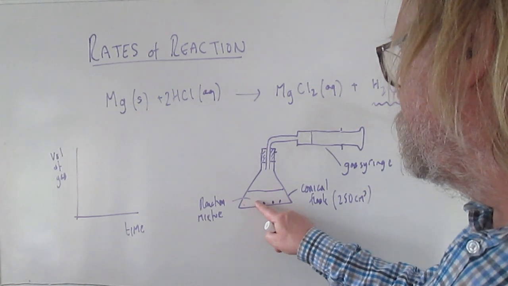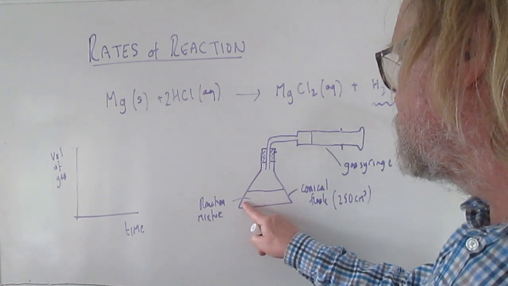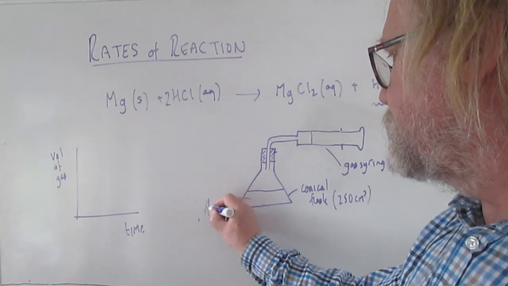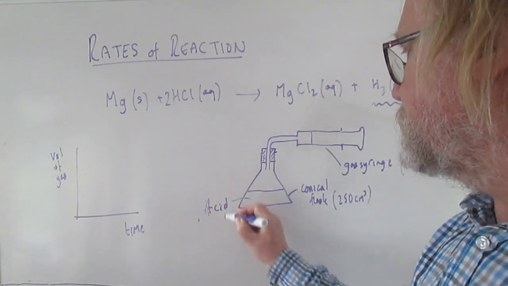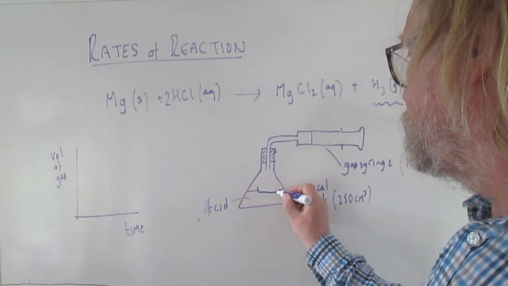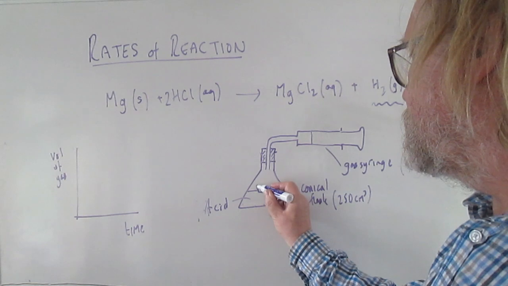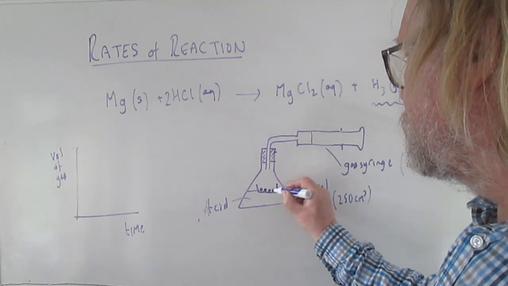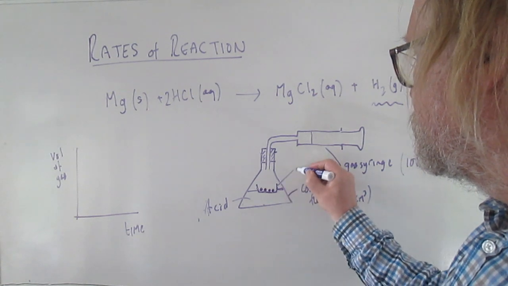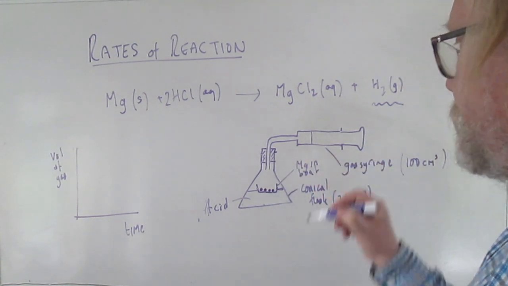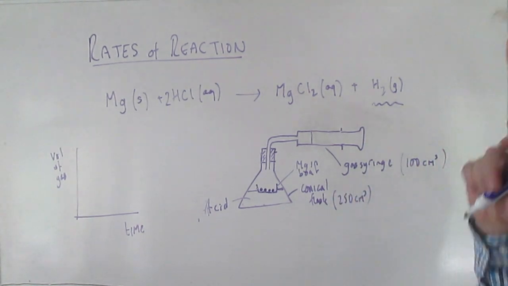So you could, for example, do something like this, where you put your acid ready to react in the flask, and instead of just putting the magnesium in, you could put the magnesium in a boat floating on the acid like that, so that they're both in the flask but they're not yet mixed together, so no reaction's going to happen.